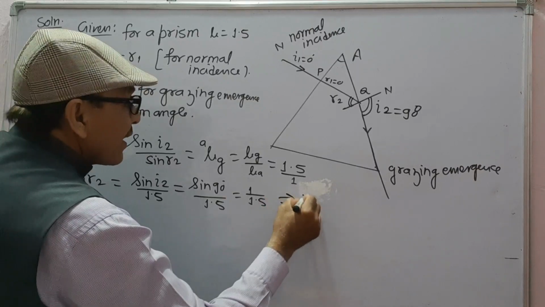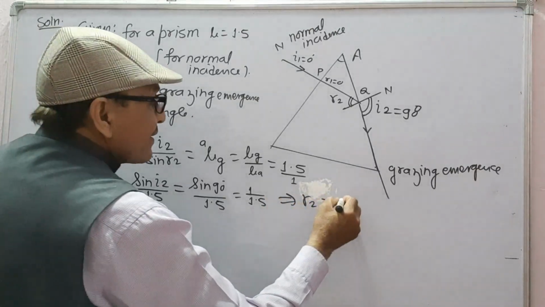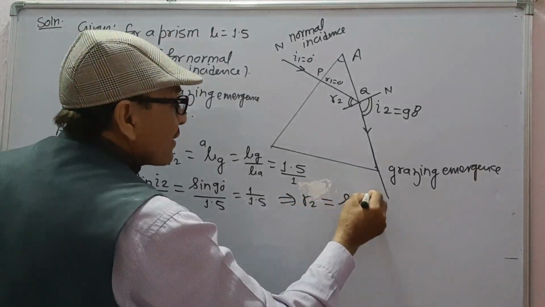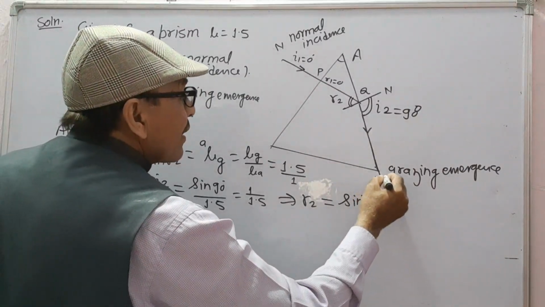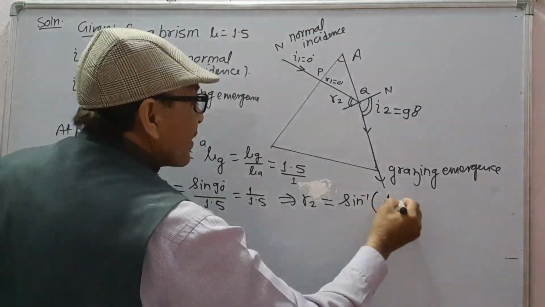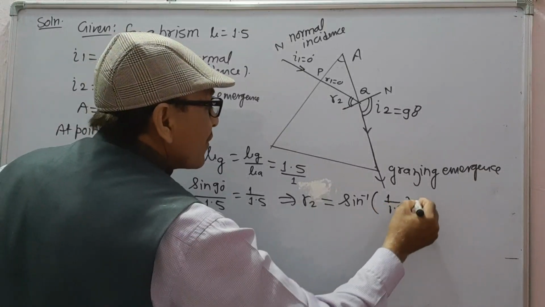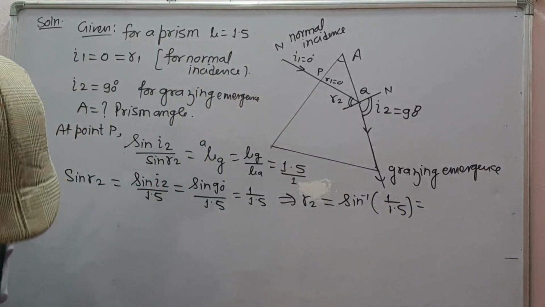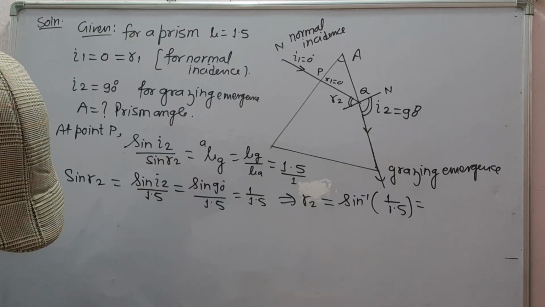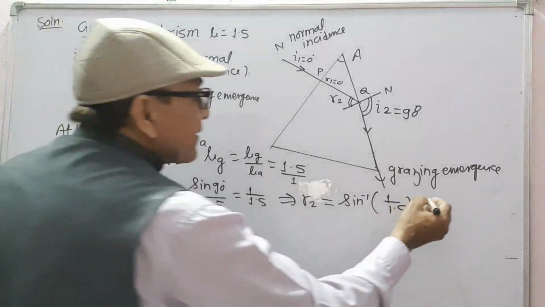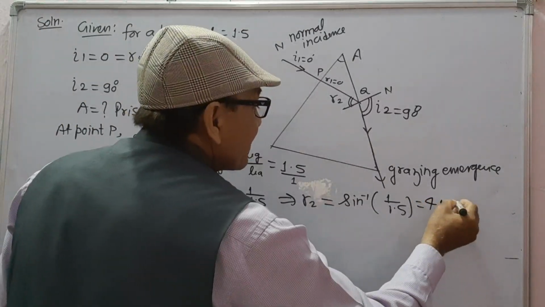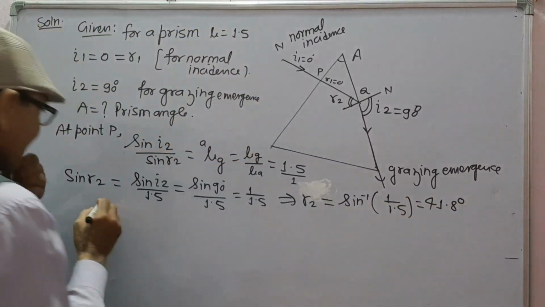This gives R2 as sin inverse of 1 upon 1.5, that is 41.8 degree.